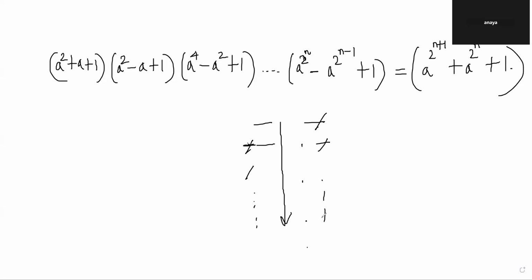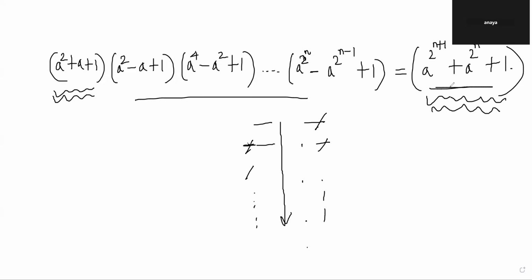Yes, I understand. So that just shows us right now that a square plus a plus 1 is one of the factors of this. Because ultimately you are ending up with one term like this and so many negative style terms, but only one term here, a square plus a plus 1.